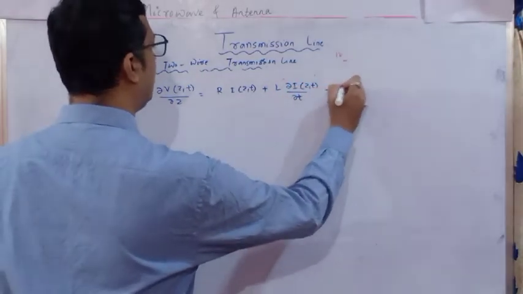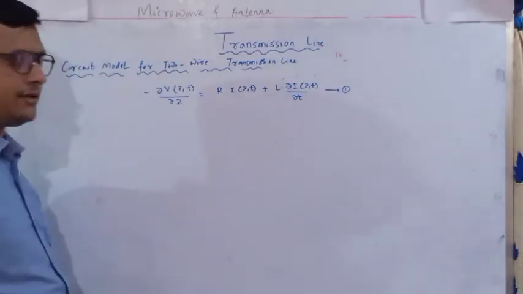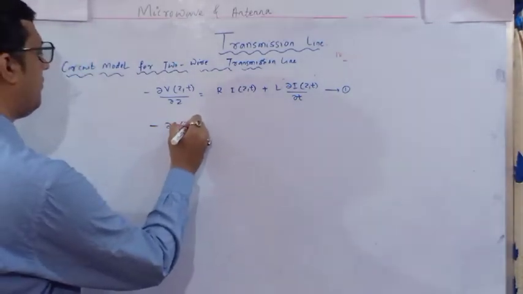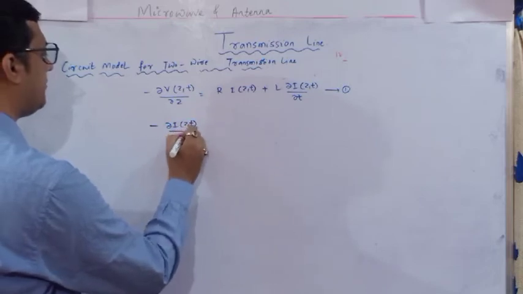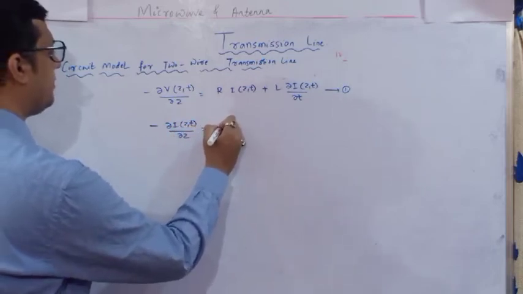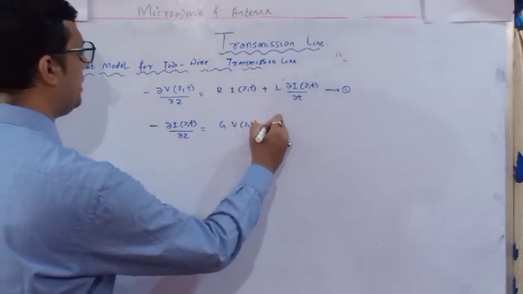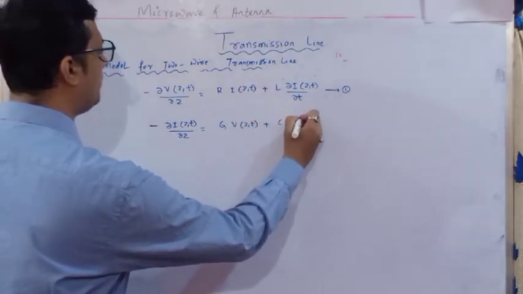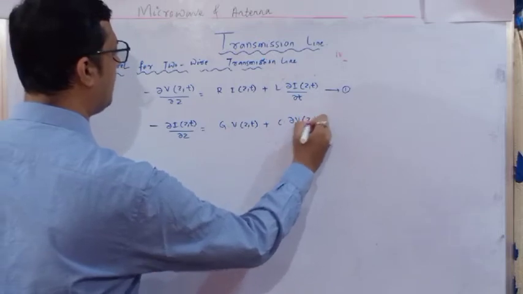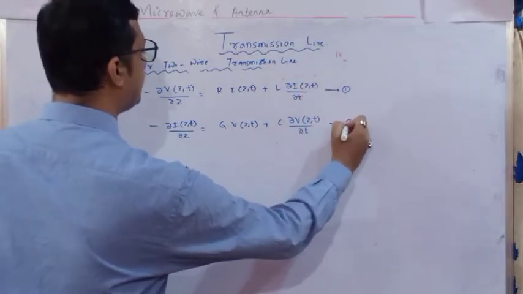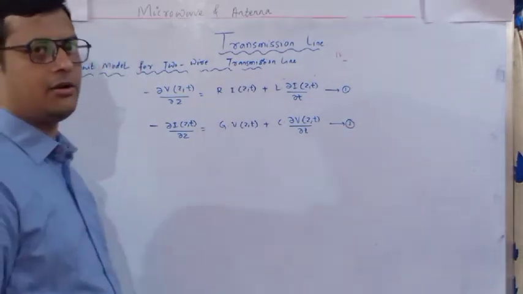So this is the first telegrapher equation. Second is the current: minus del I of z comma t by del z is equal to G into V of z comma t plus C into del V of z comma t by del t. So this is the second telegrapher equation.